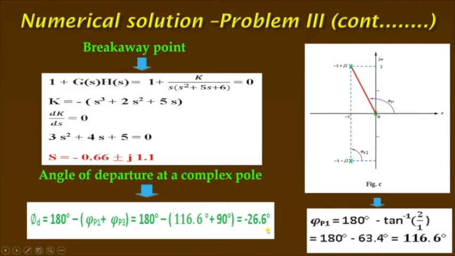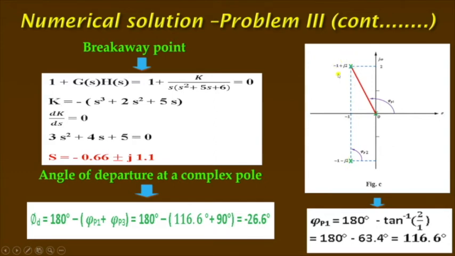So this is the angle of departure for that pole. Similarly, the angle of departure for the other pole is obviously plus 26.6 degrees, because these two are opposite and equal.